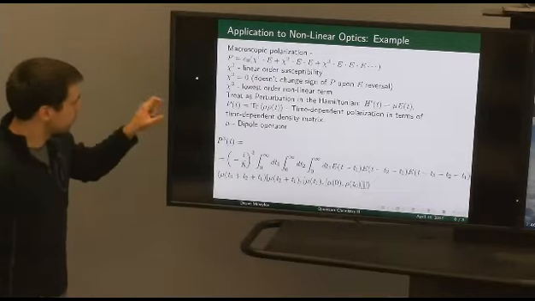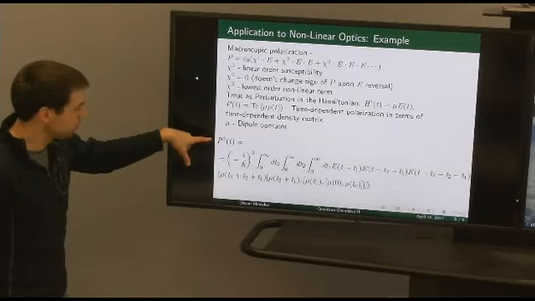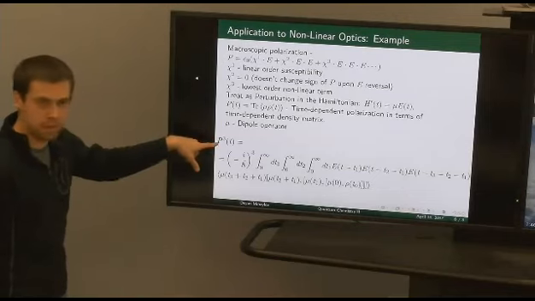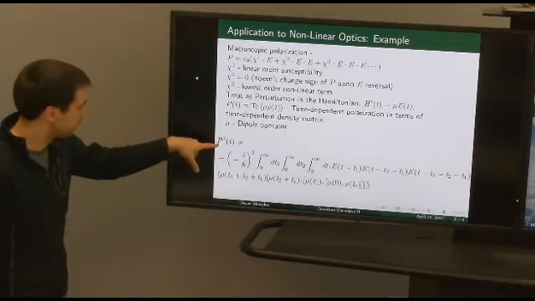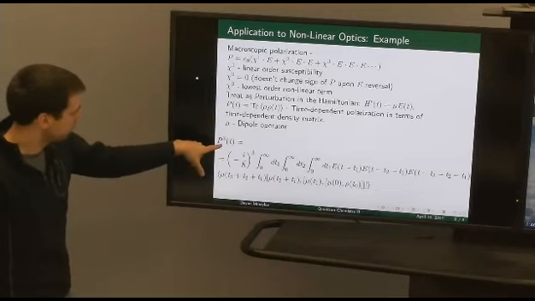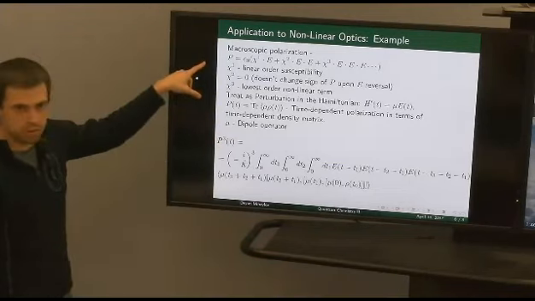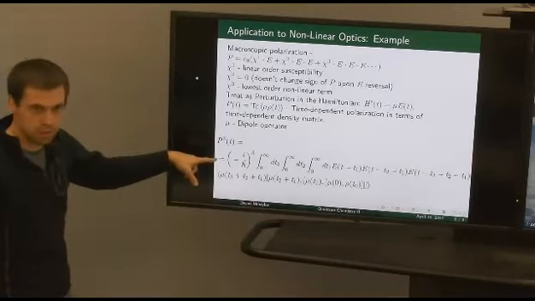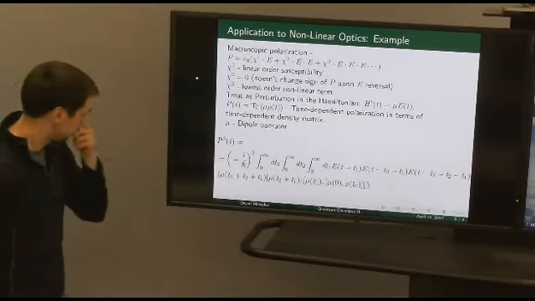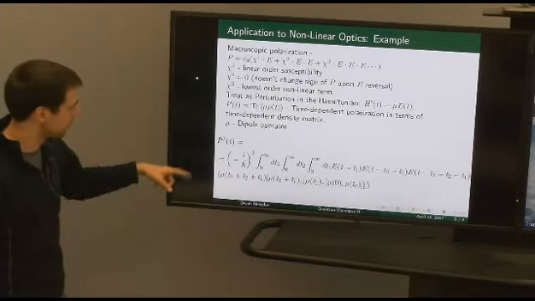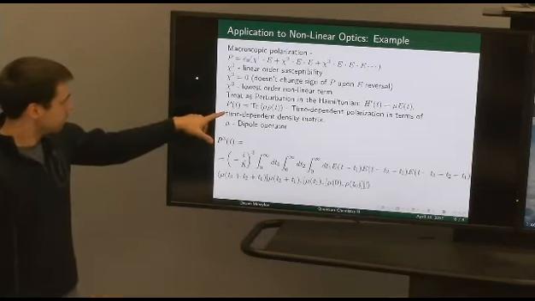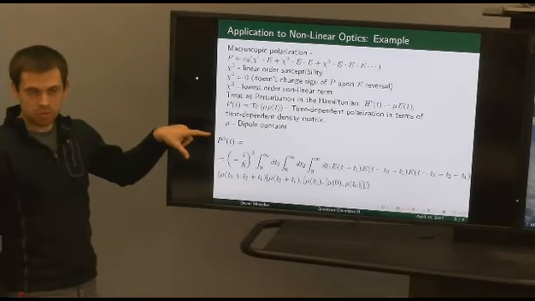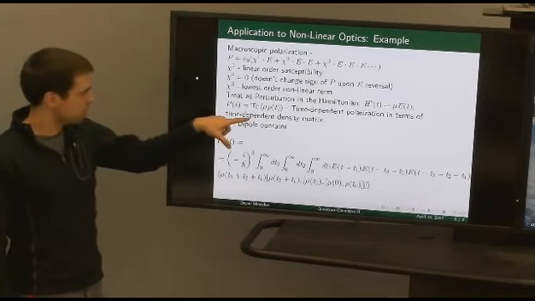In order to compute nonlinear polarization, you gotta take the expansion of the polarization to third order in order to compute it with this perturbative expansion. How is this related to the density matrix that we just saw on the previous slide?